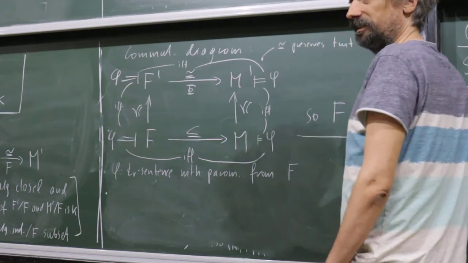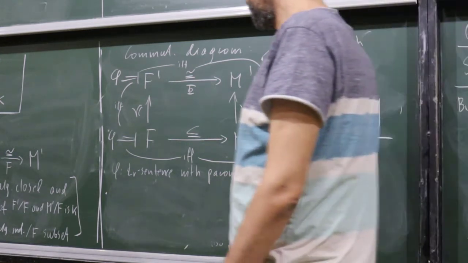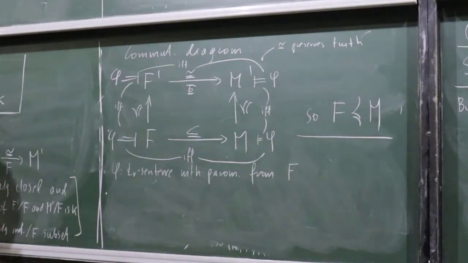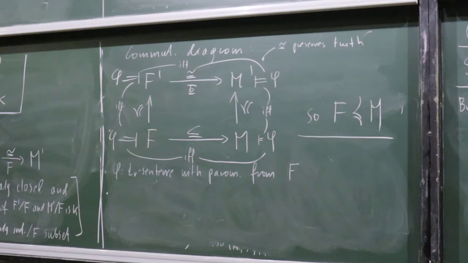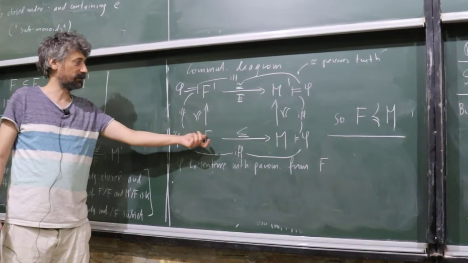Okay. I will repeat it a bit next time because it was too quick, and then comment a bit more. But you can see that really the crucial thing, in fact, was the compactness theorem.